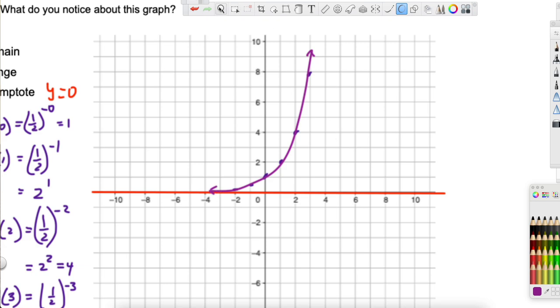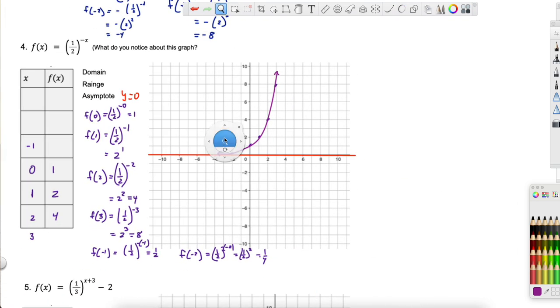That was my best one. And I forgot to fill out the rest of this chart. Okay, so negative 1, we got 1/2. Negative 2, we got a quarter. Domain, negative infinity to infinity. Range, okay, we're going from 0 to infinity.